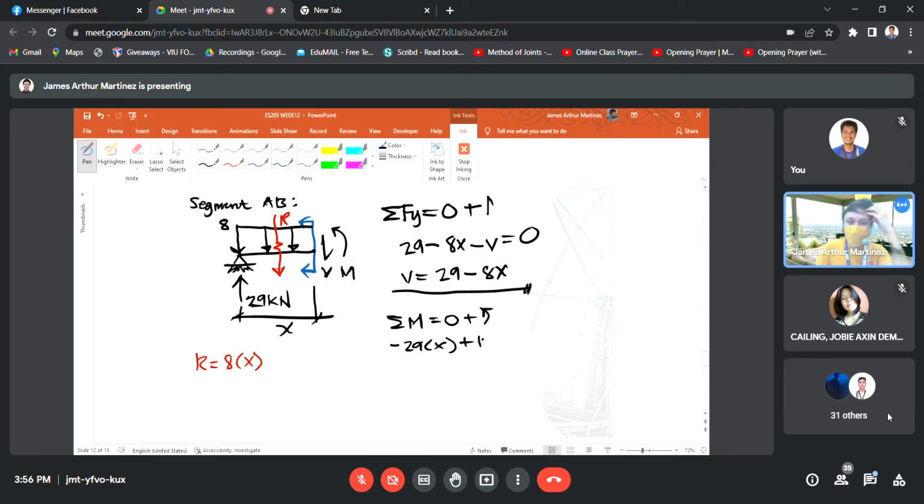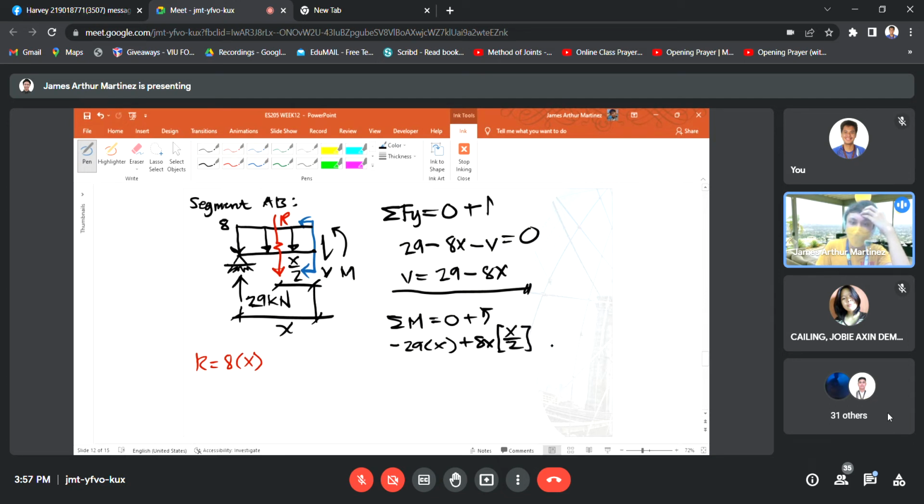Plus R, so sorry, ako na lang i-substitute directly ang value of R, which is 8x. So plus ang convention because it will create counterclockwise rotation with respect to this point, okay? Times the moment arm distance. So if this is x, so location of that is just, di ba, x over 2. Okay? So this is x over 2.